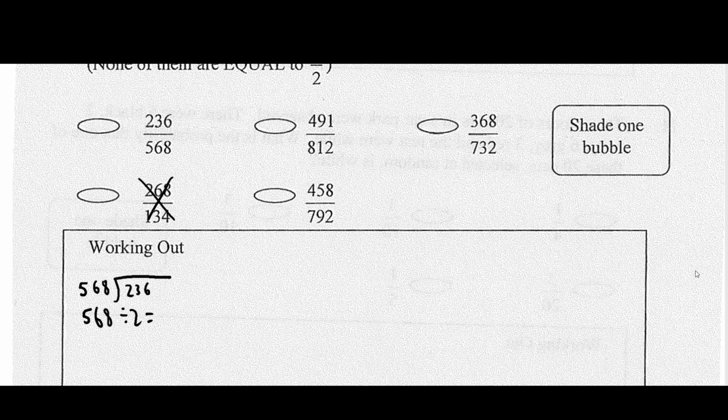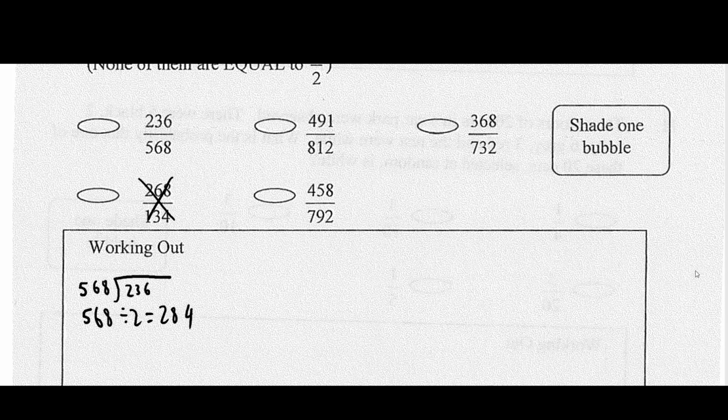So we've got 500 divided by 2 gives 250. 68 divided by 2 is 34. So that's going to be 250 plus 34, which is 284.